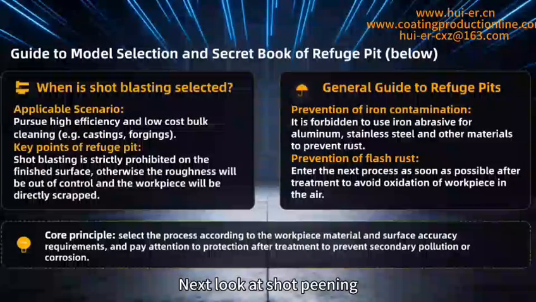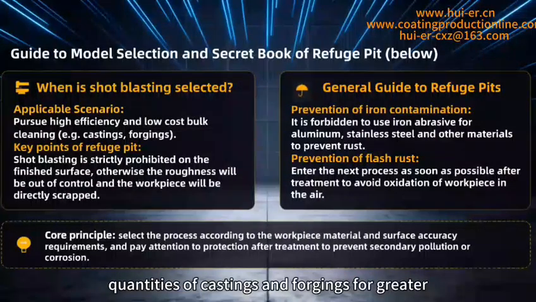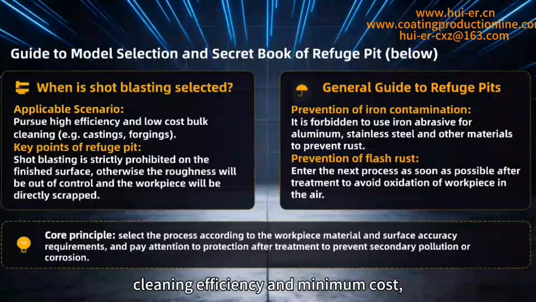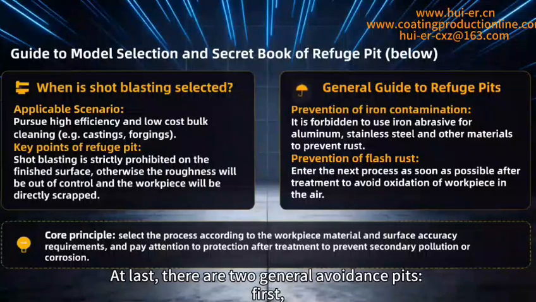Next, look at shot blasting. When you need to process large quantities of castings and forgings for greater cleaning efficiency and minimum cost, shot blasting is an option, but never use it on finished surfaces. At last, there are two general pitfalls to avoid.